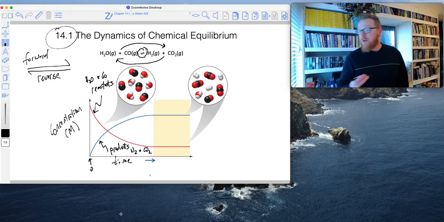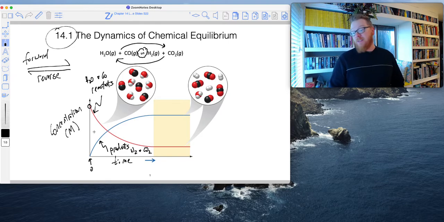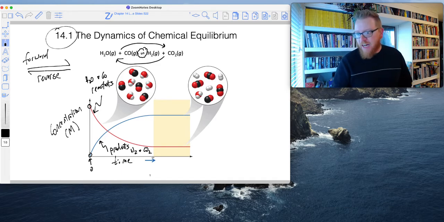Okay, so you can see at time 0, we have some amount of H2O and CO, and we have 0 H2 and CO2. And as the reaction evolves in time, the reactants decay and the products evolve.